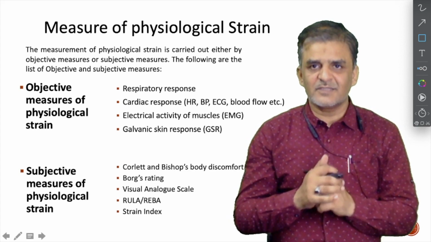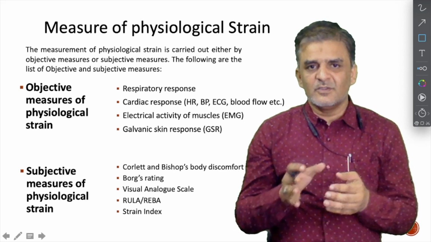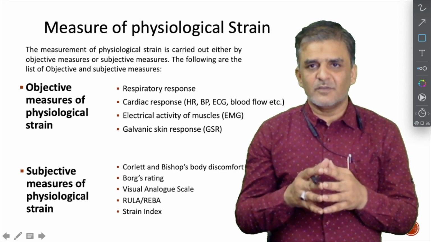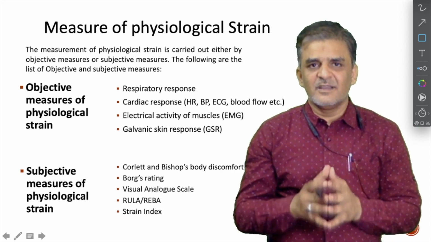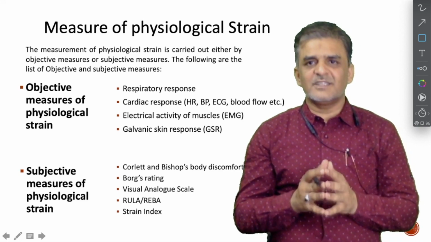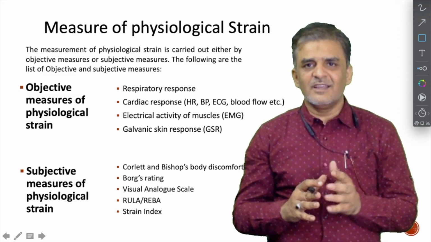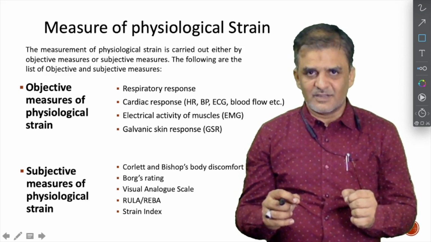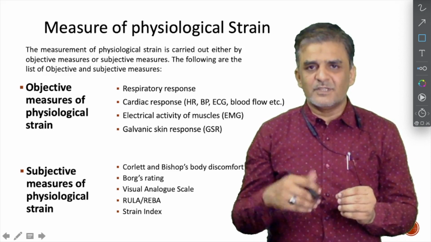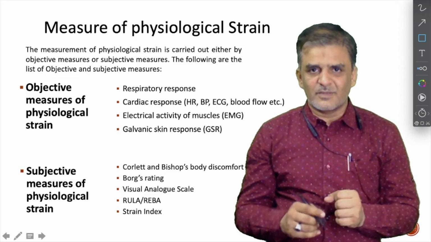Then the Strain Index, which is a very common method used for evaluation of repetitive tasks. So these methods are basic techniques which give, directly or indirectly, the level of risk associated with the work in terms of discomfort. That is all, which we will discuss in the forthcoming lecture.